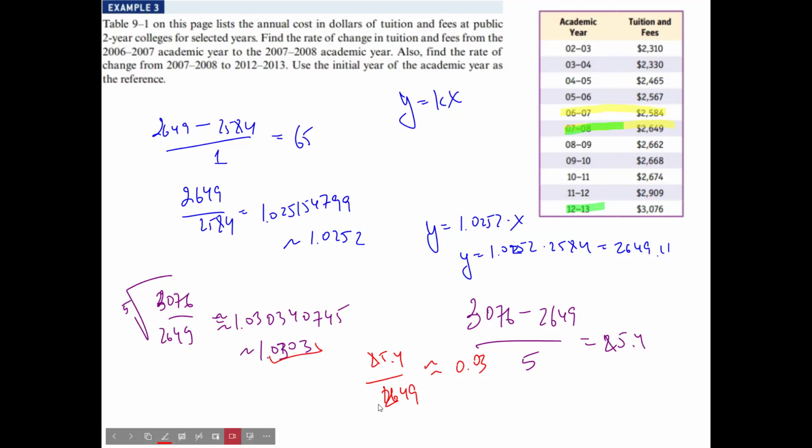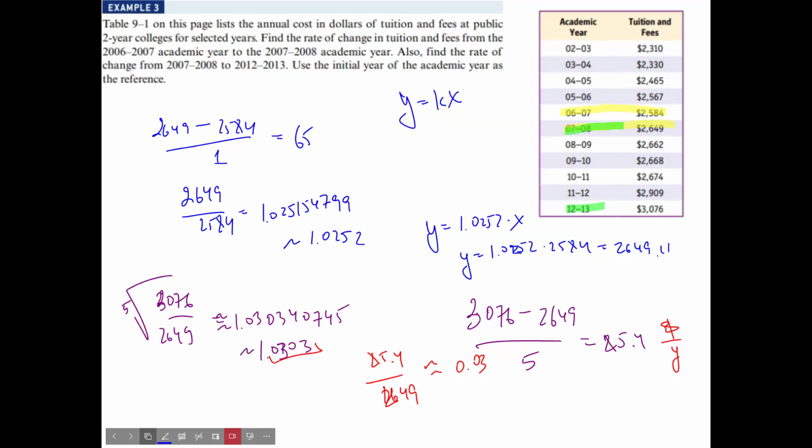Got it? Because it is increased 3% per year, it means what? That's actually not a linear relation anymore. But if you want dollars per year, that's what it is. Average.